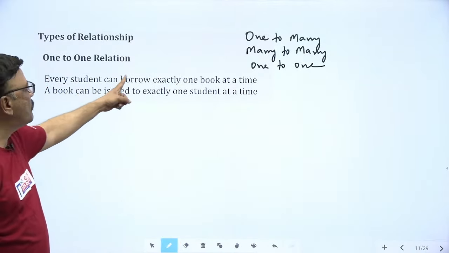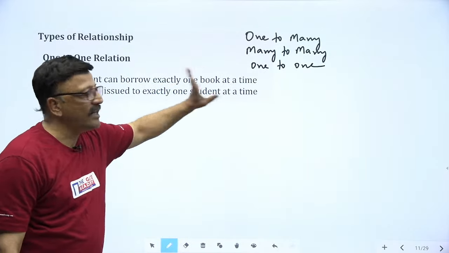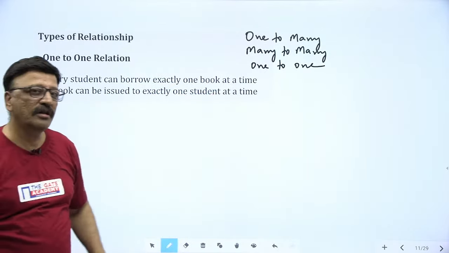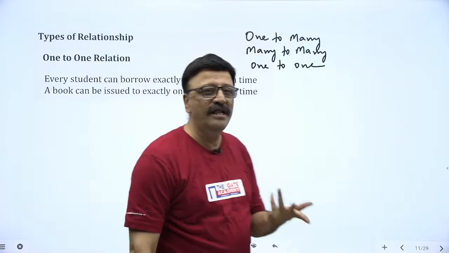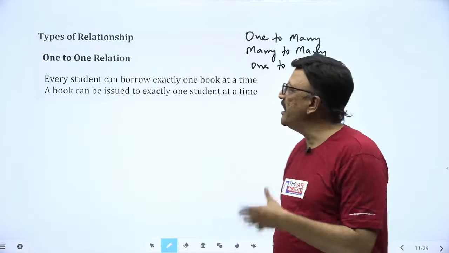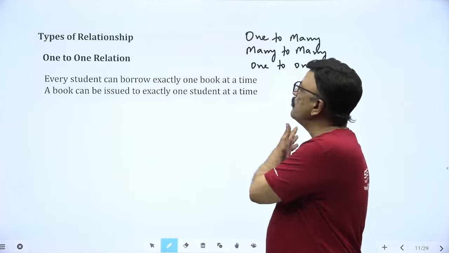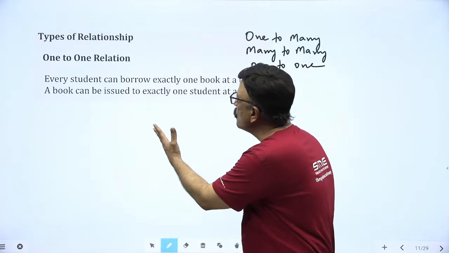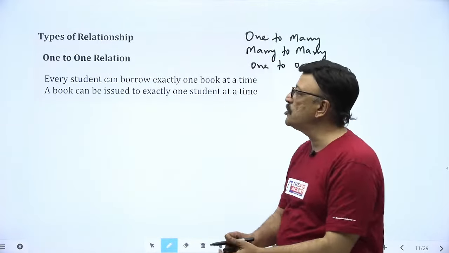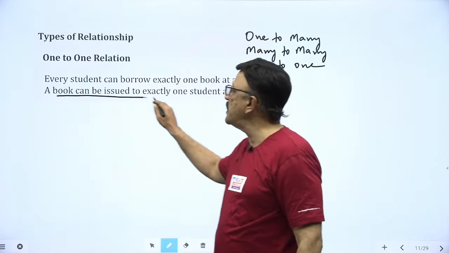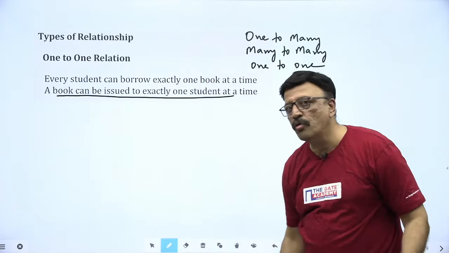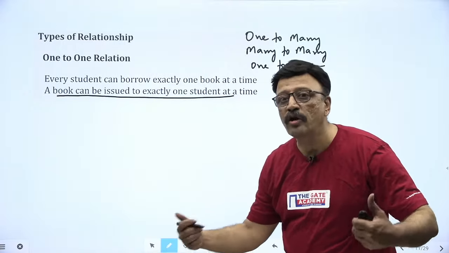Every student can borrow exactly one book at a time. Very strict library. But then every student can borrow exactly one book at a time, and a book can be issued to exactly one student at a time. There is no change in this sentence. It cannot be changed in any library. A book can be issued only to one student at any point of time.